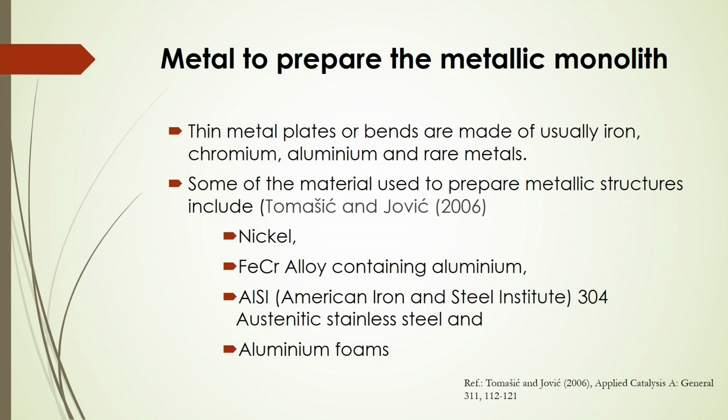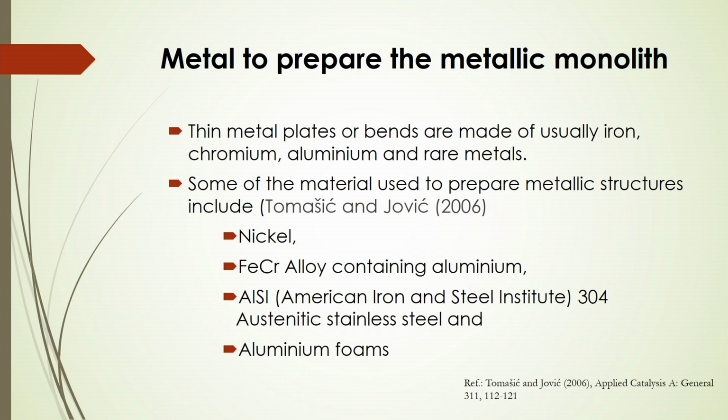And in this case, what are the metals to be used to prepare metallic monoliths? The thin metal plates or bands, whatever shapes you are going to make, usually should be iron, chromium, aluminum and rare metals.